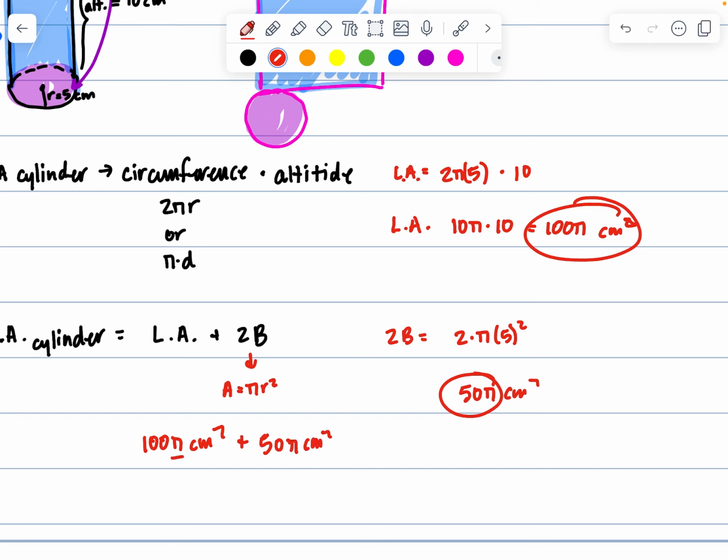You could add these two because they are both in terms of pi. So we end up with 150 pi centimeters squared. And that would be the surface area, or also known as the total area.